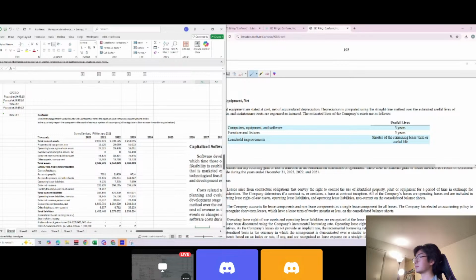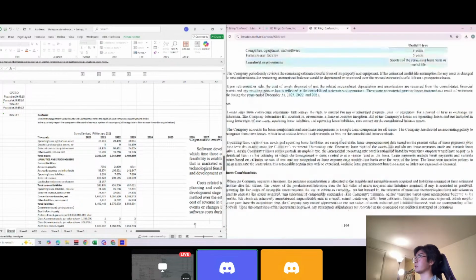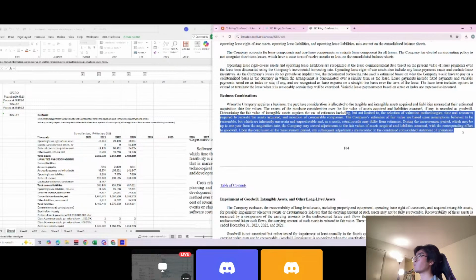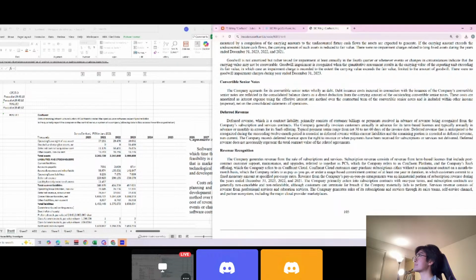Okay. So software only has a 3-year useful life, which is interesting. Income expense net on the consolidated. Okay. Payments for its term-based license annually.